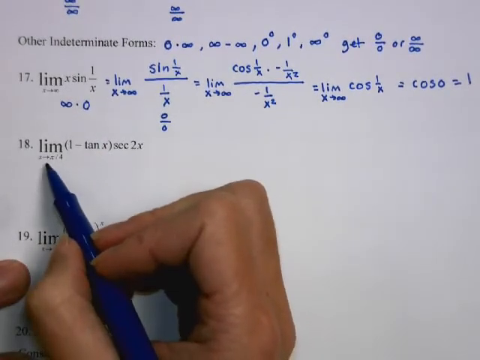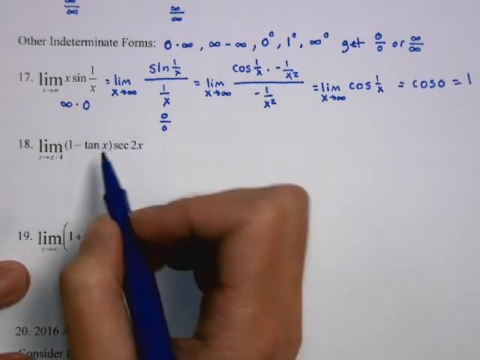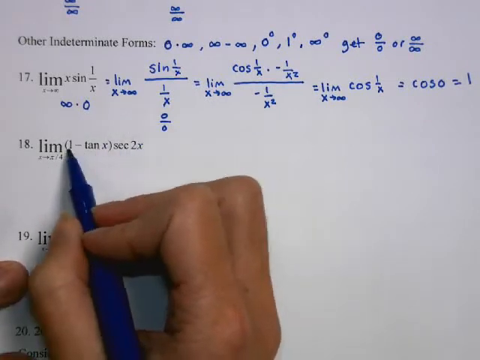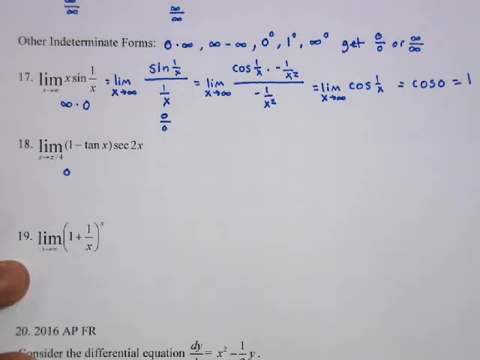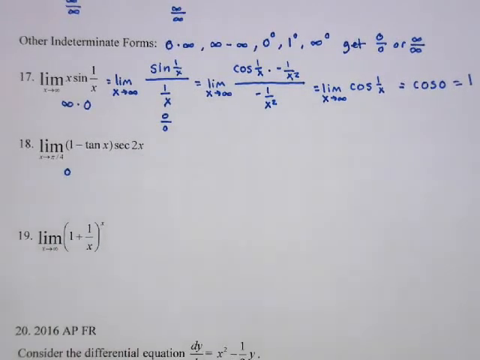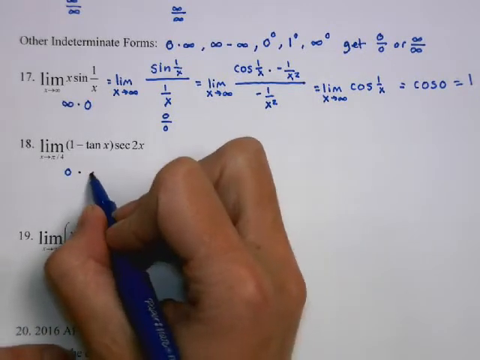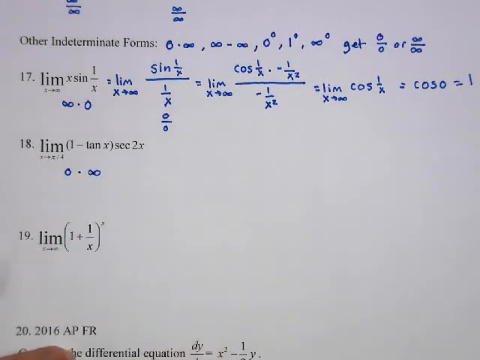Okay, this next one, as we go to pi over 4, tangent at pi over 4 is 1, so this is going to be 0. Secant of 2x, so that would be secant of pi over 2. Well, cosine at pi over 2 is 0. So secant is actually at an asymptote there. So this is again going to be 0 times infinity.